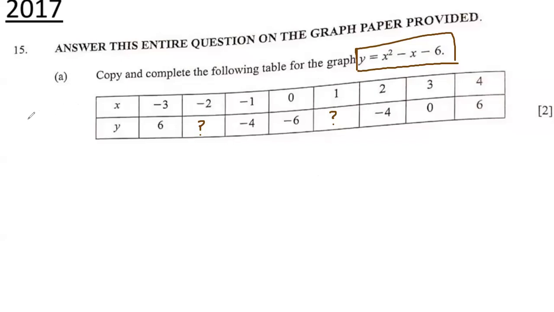Now, we only have two values that we do not know. We don't know the value of y when x is -2, and we don't know the value of y when x is 1. So our goal here is to solve.